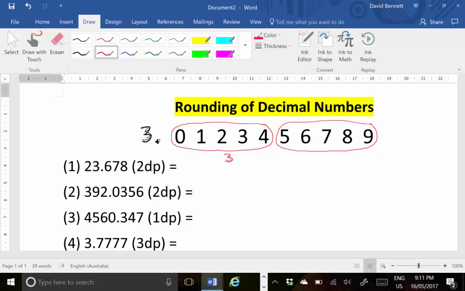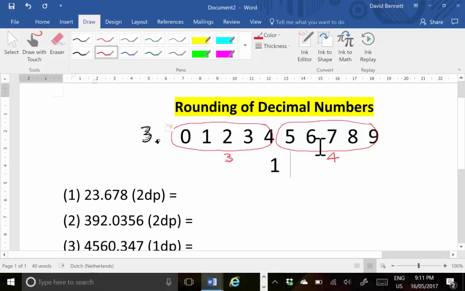If it's closer to this end, it's closer to 4 than 3, so it's going to get rounded up to 4 if we're rounding to the nearest whole number. So anything that's 4 or less won't change the number, and when you're looking at 5 or more, the number gets extended, I suppose.